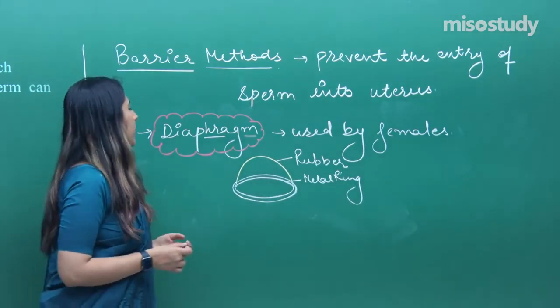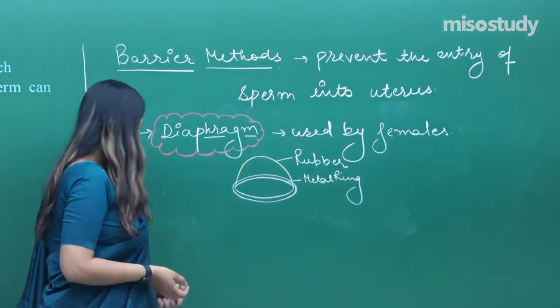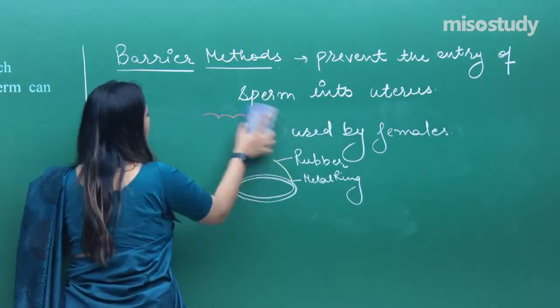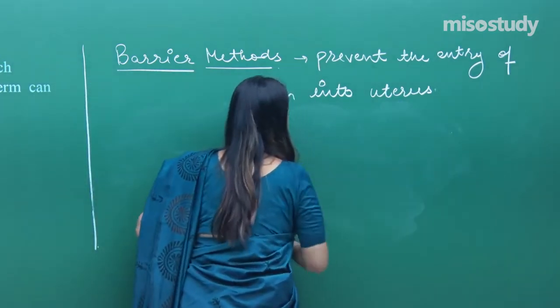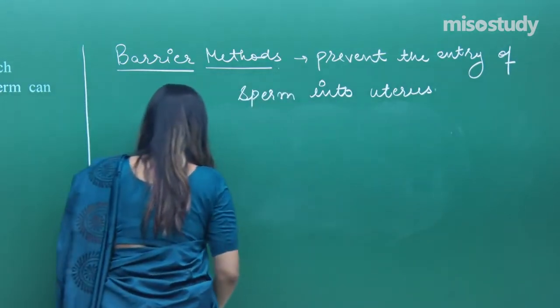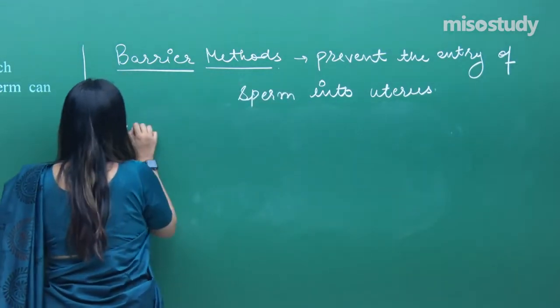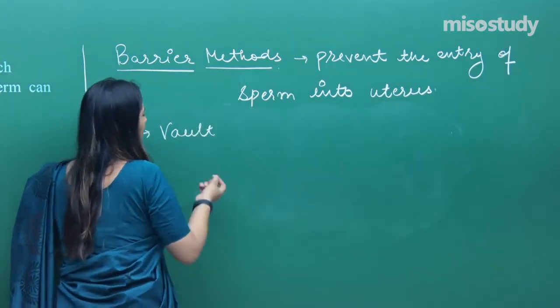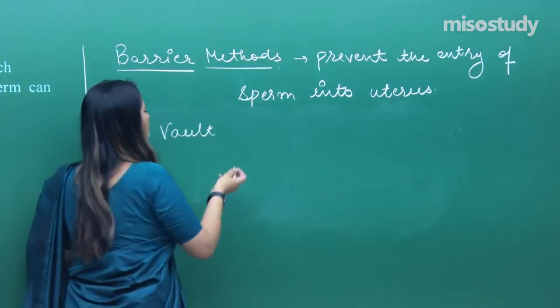So third, we have discussed the diaphragm. And fourth we have vault caps. There are so many barrier methods, but I have compiled only a few.